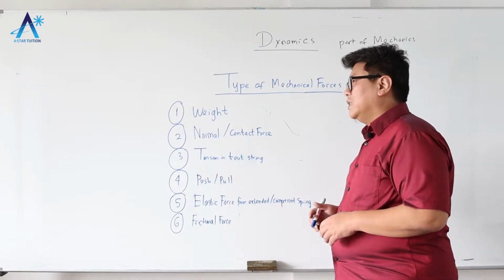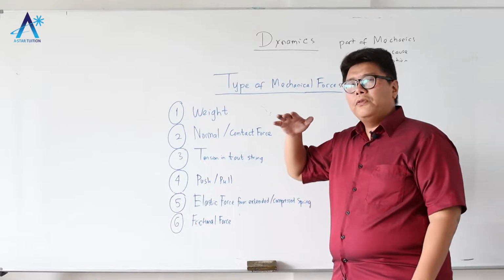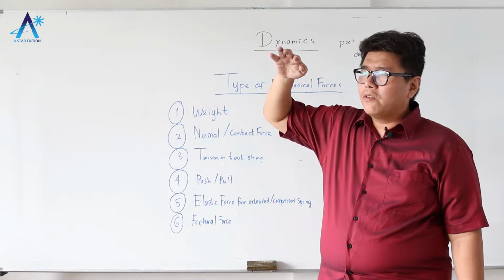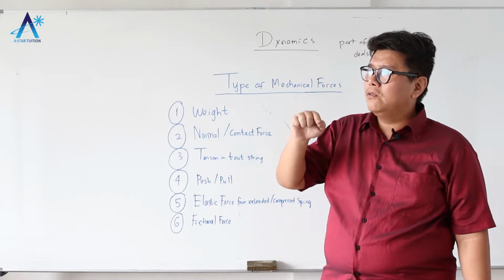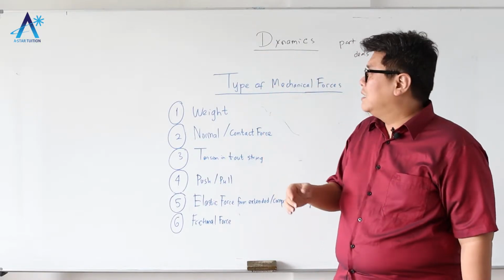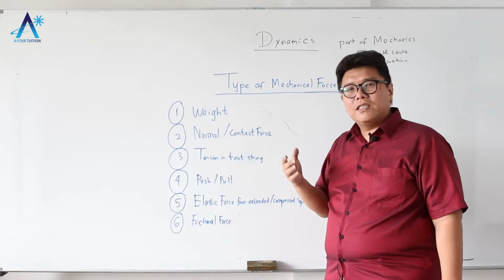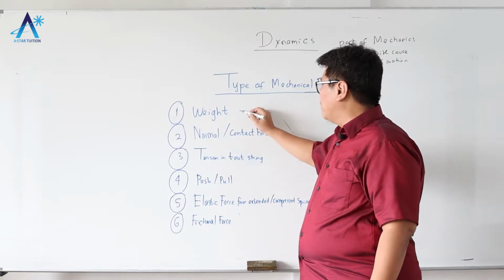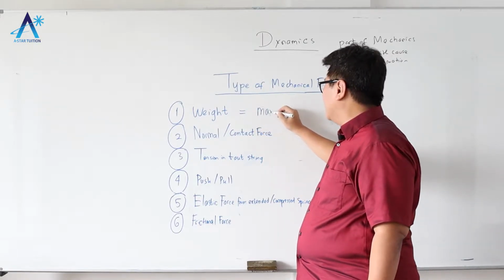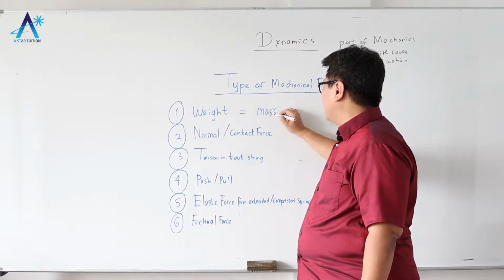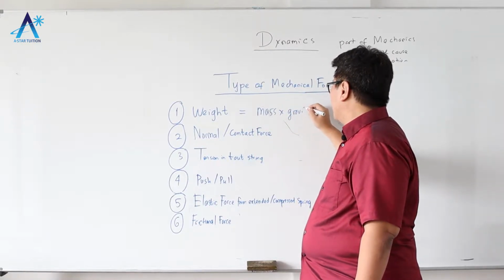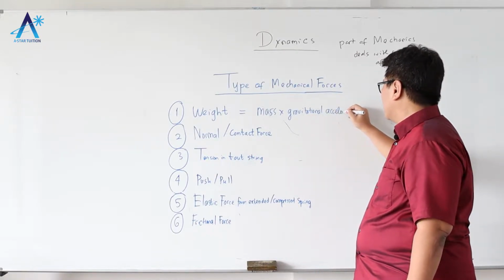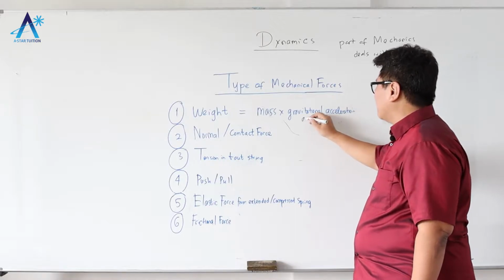If you are at a certain location above the surface, from sea level to a certain height, this quantification of weight is uniform. What I mean is that you can use the formula mass times the gravitational acceleration at the surface of Earth.